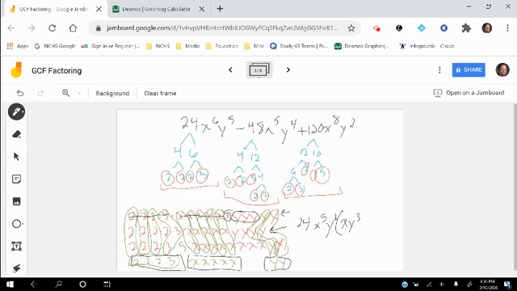Now I move to the next line. These 2's and 3, so there's still a 2. These x's are gone, but these y's on the end are gone. So that is a minus 2, no x's, so y squared.